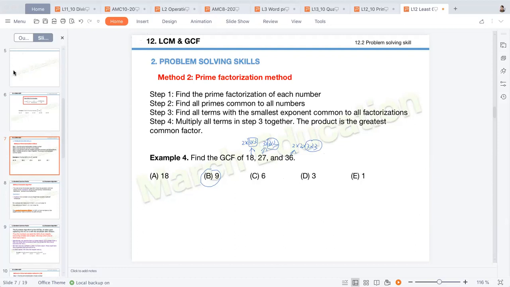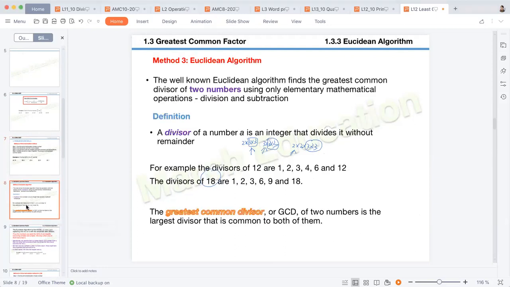No, I will introduce this method because this method is used in coding. Maybe in the future you will take some programming and computation, and this method is also used for big numbers in math computation.